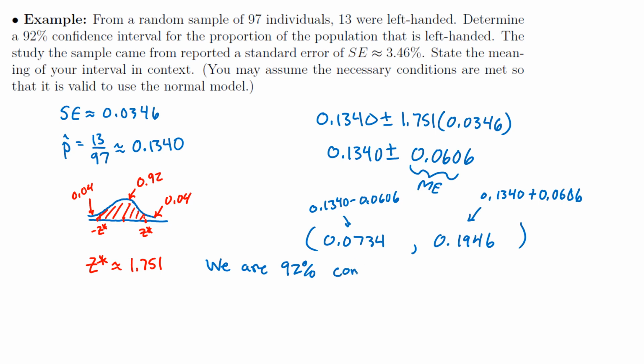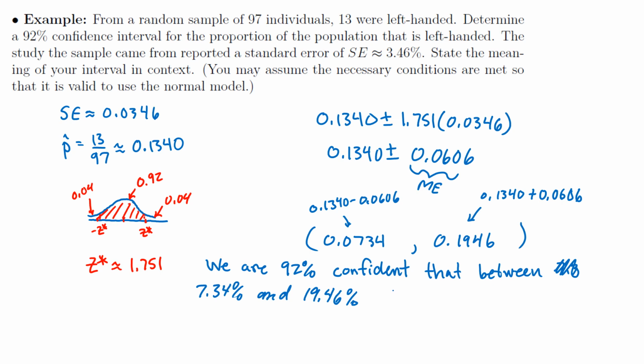I mean, you don't have to phrase it exactly like that, but we're 92% confident that between 7.34% and 19.46% of the population is left-handed. All right.